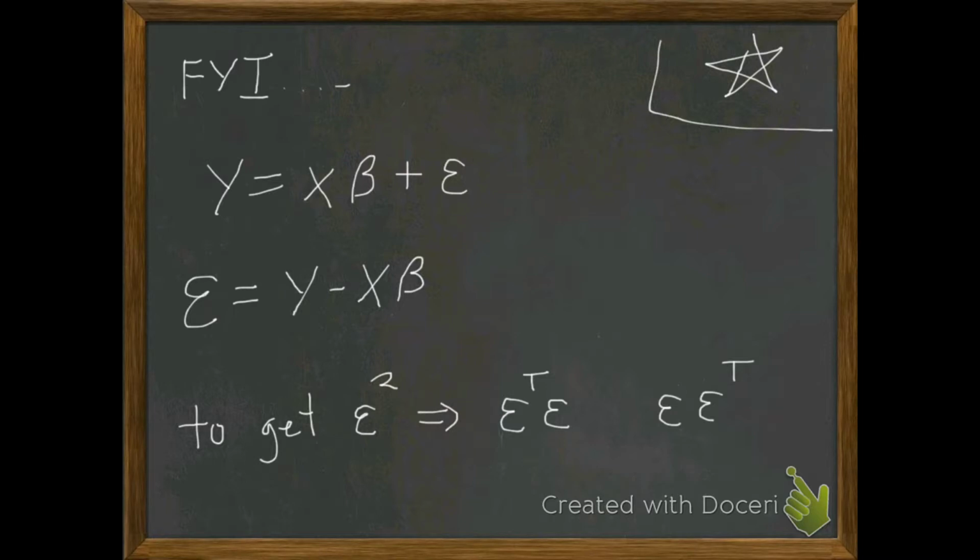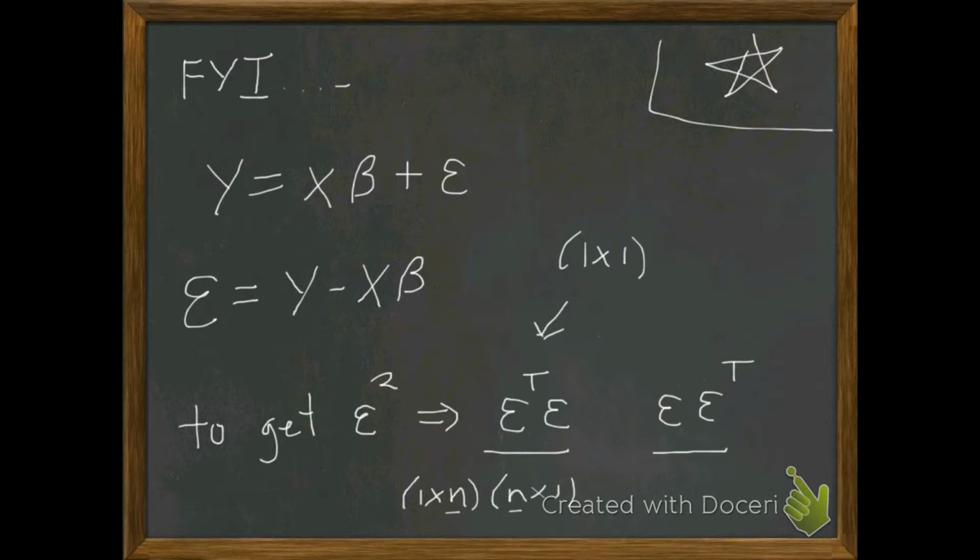If you examine this one right here, error transpose is going to be a 1 by n row vector, and our errors is going to be an n by 1 column vector. These are the same, resulting in a 1 by 1 vector, which essentially is the sum of the error squared.